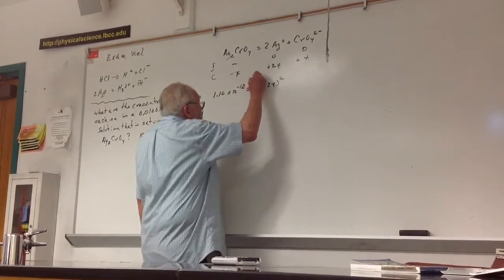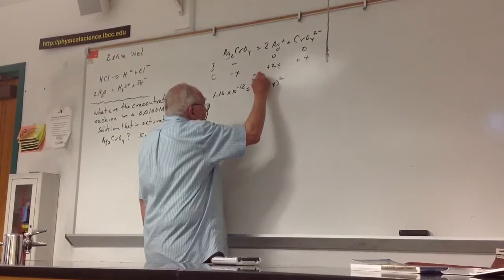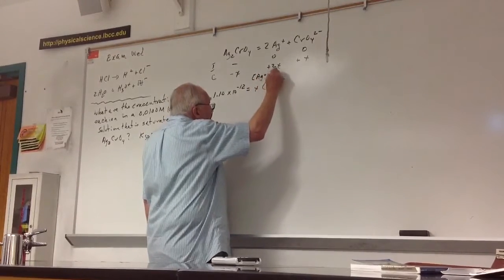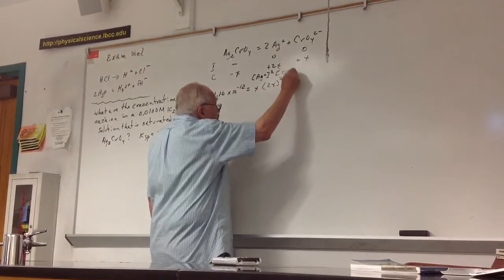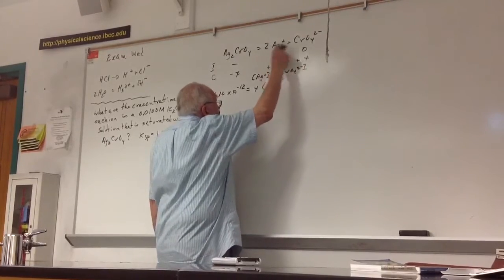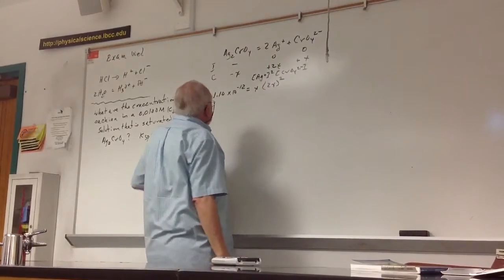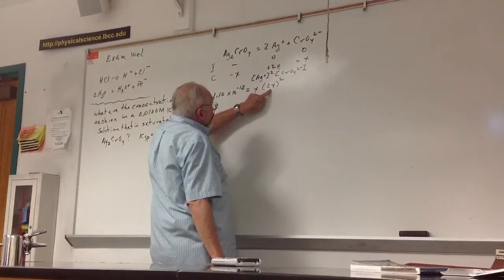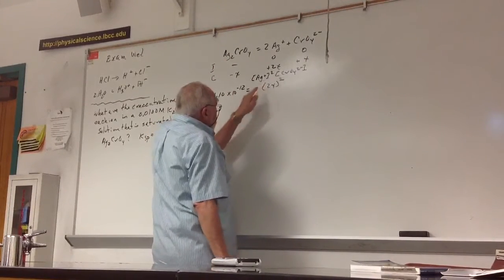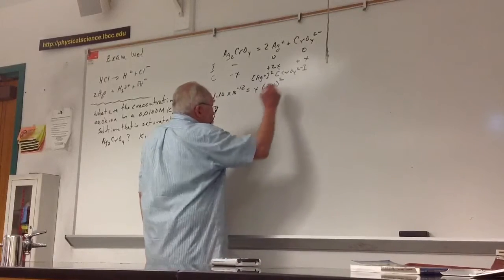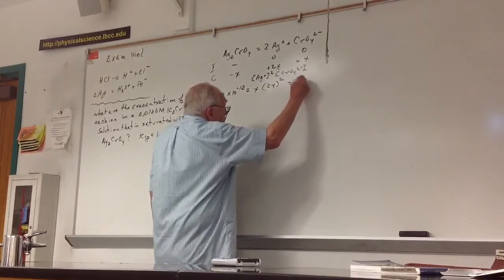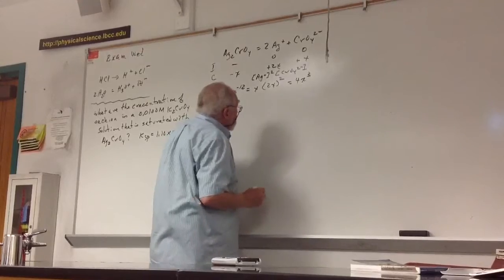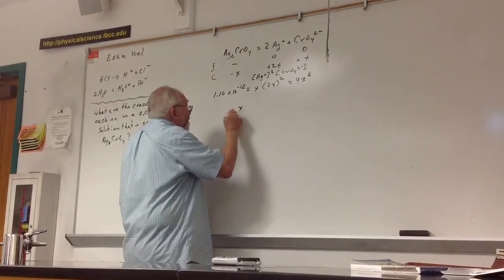This says the concentration of silver ion squared, concentration of chromate ion, because that's what the equilibrium expression says. It's KSP, you don't bother with that. So here's the silver ion, 2x squared, times the chromate, I just wrote it in that fashion, 4x cubed, and this is the answer I would see.